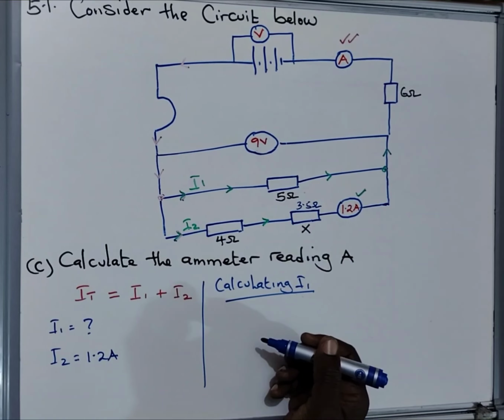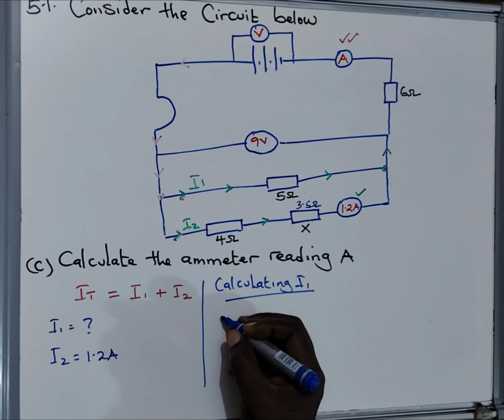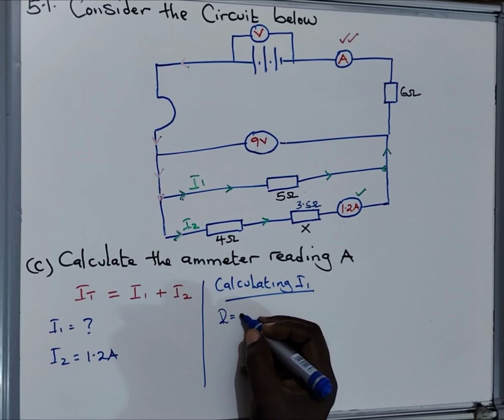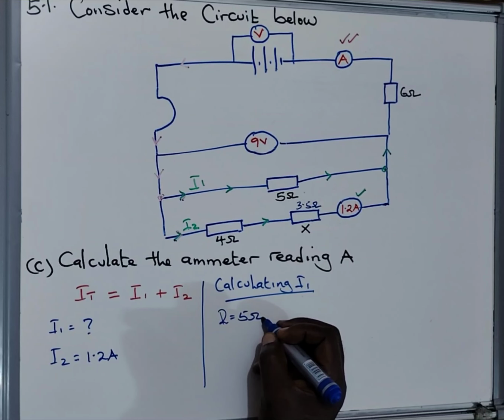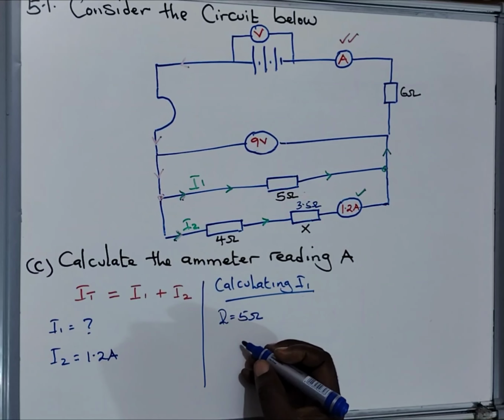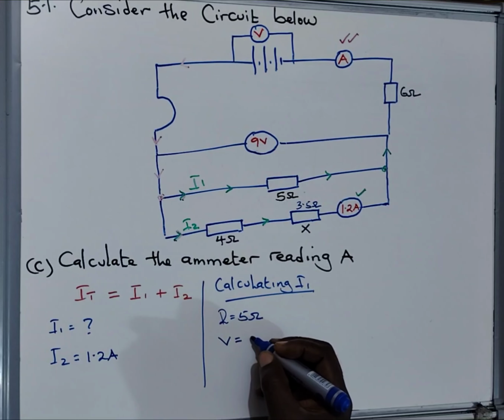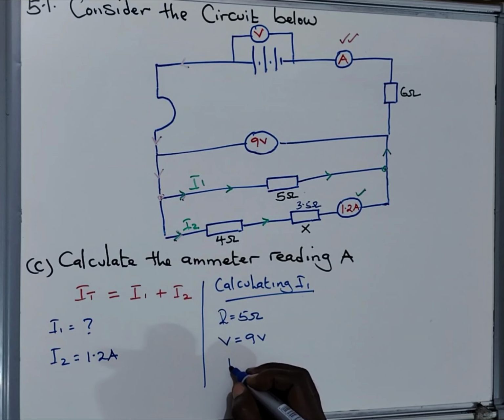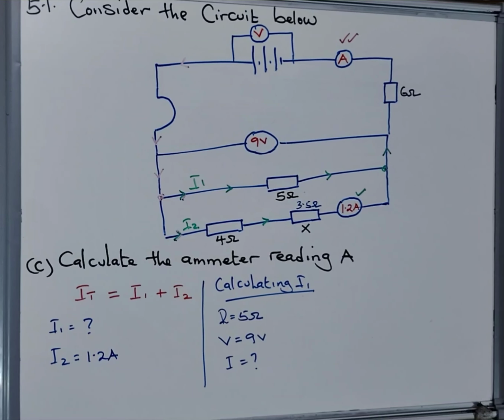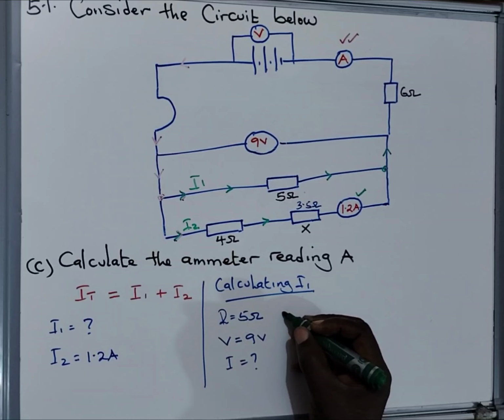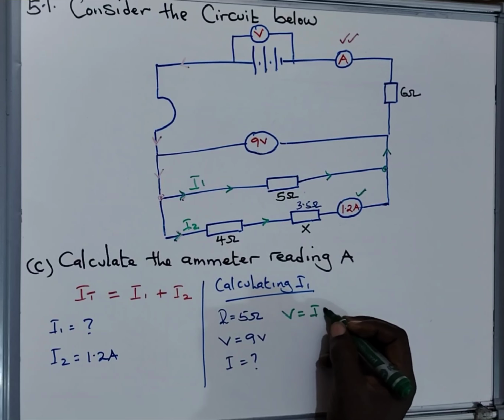Now, this is what you know about I1. We know that the resistor is 5 ohm. And we know that the PD across that resistor is 9 volts. And we are looking for current. This gives us a license to use the equation V is equal to IR.